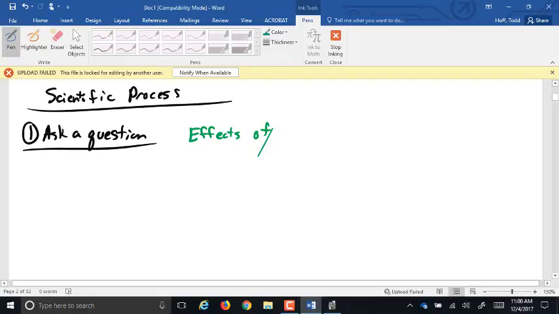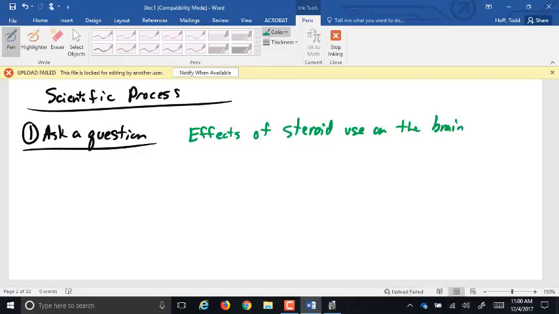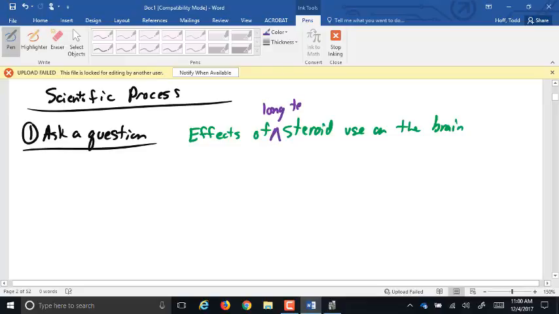There it is, perfect. Steroid use on the brain. Now, again, they narrowed this down a little bit: the effects of long-term steroid use on the brain of weightlifters, 35 to 55 years old.